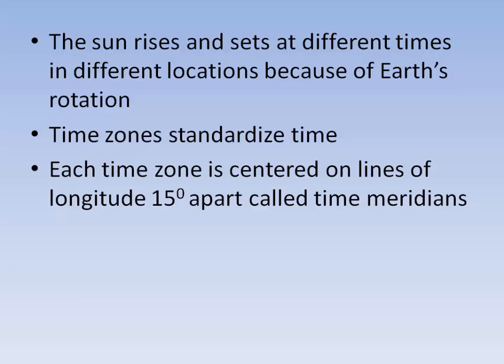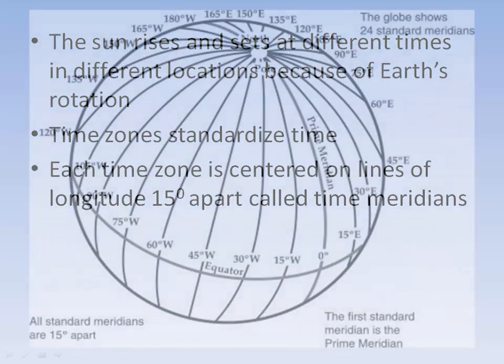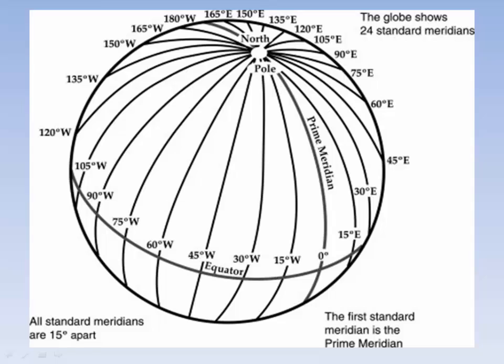So each time zone is centered on a line of longitude 15 degrees apart called time meridians. Right? So the standard meridians are also time meridians. This is one time zone, this would be another time zone, and so forth. There are 24 time zone meridians.